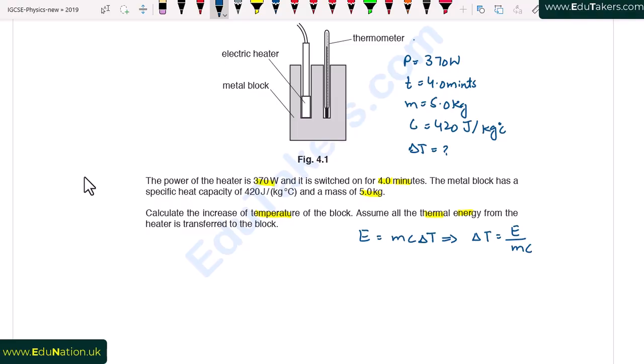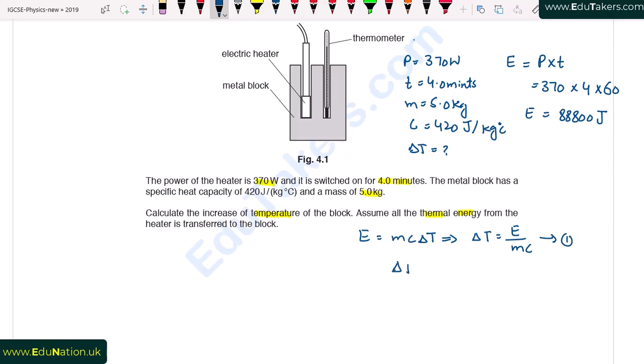First of all, we have to find out the value of energy and it is equal to the product of power and time. Here power is 370 multiplied by time is 4 minutes. First of all, we convert this time into second by multiplying it with 60. So that energy comes to be 88800 joule. So by putting this value of energy into this equation, we can find out the value of change in temperature.